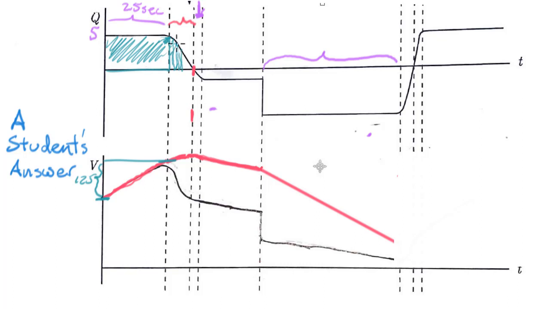And each one of those Q times that second, that's a sliver of area underneath the curve. And I'm adding up all those areas under the curve to give me the total volume that went into the tank during the second interval. So the extra volume we got from that next interval, right here, is the area under this part of the curve. Do you see what's going on? The total change in volume is equal to the area under the Q curve.